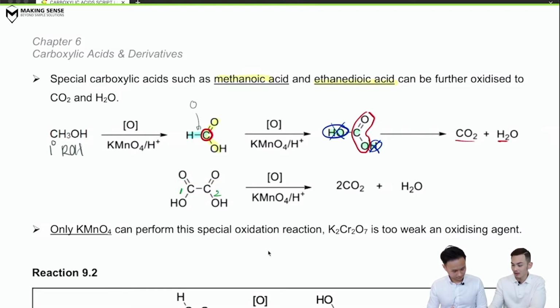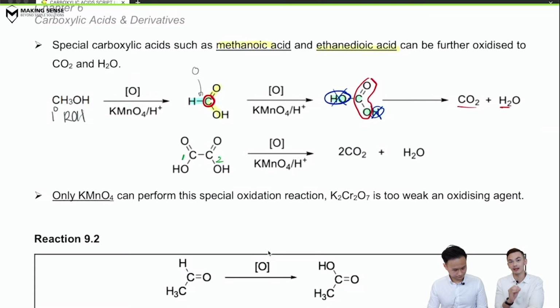When you see a structure like this, just be mindful, it is not stable, so it will also further undergo oxidation. Now, how does this work? It's a little bit more complex. You can see that there is some sort of a cleavage. So we're going to chop this away, and you're going to add one more oxygen. Imagine we have one oxygen over here, and this oxygen is going to take the two hydrogens away.